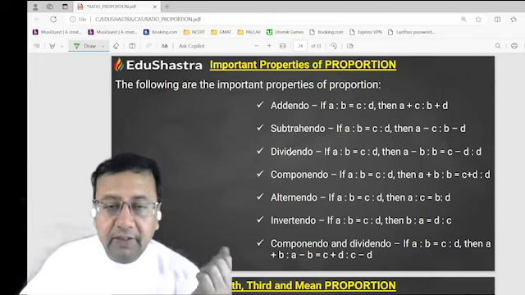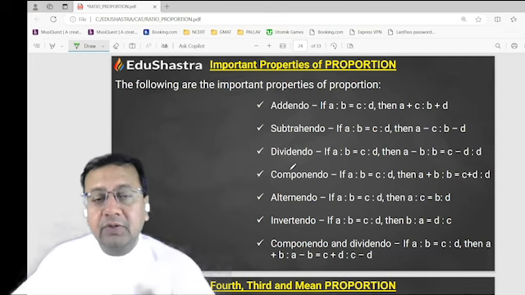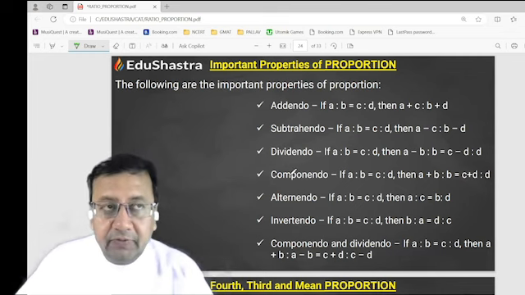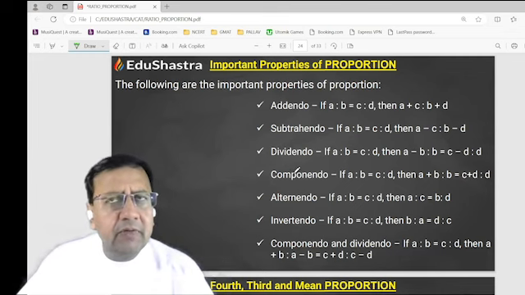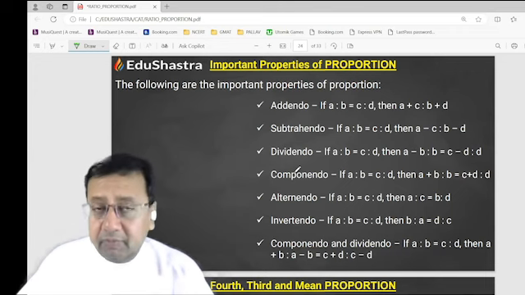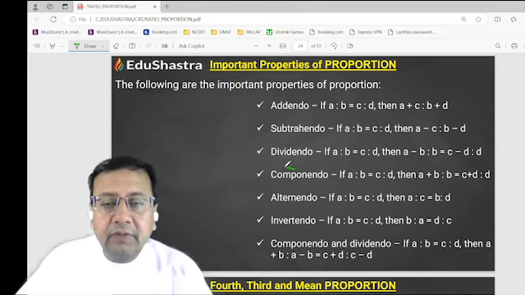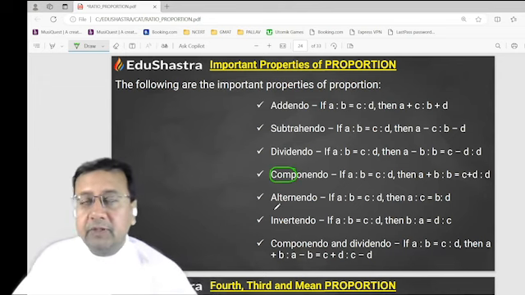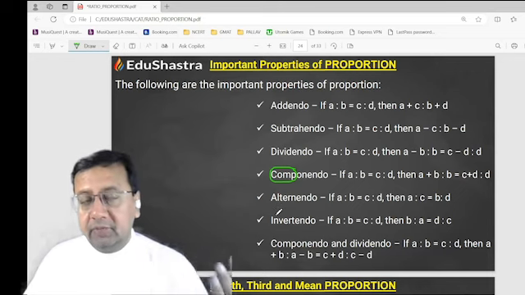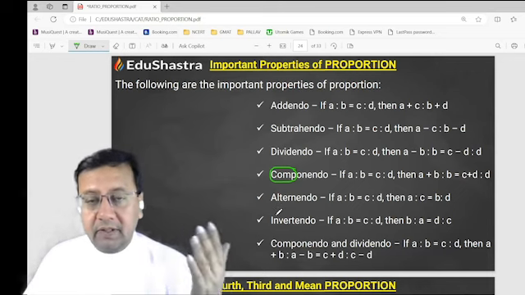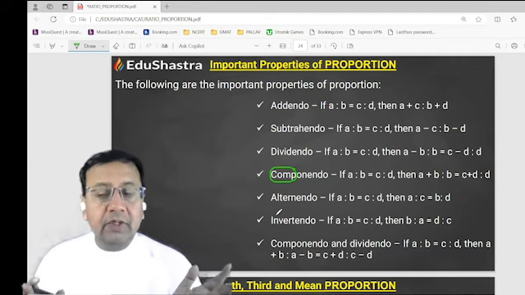Dividendo, dividing. Componendo. So I told you in a previous session, maybe when we discussed some compound ratio, right? In a ratio, this is the keyword, comp, right? Comp is what? Computer, component, complex. So what is this?